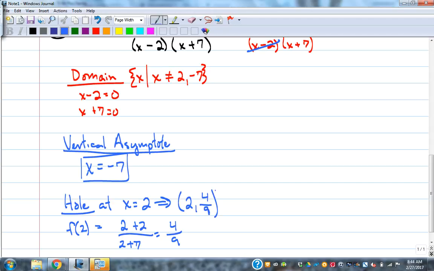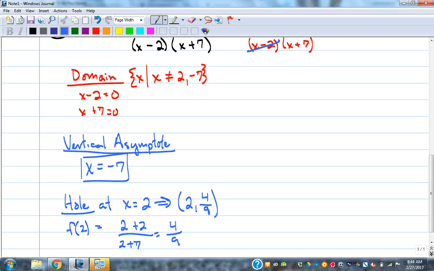I'm taking the factor that canceled out, whatever x equaled for the domain, and plugging that into the simplified version of the problem. I'm putting a 2 in the place of x, so x plus 2 and x plus 7 is all that's left. 2 plus 2 is 4, 2 plus 7 is 9, so 4 over 9. That creates this ordered pair.